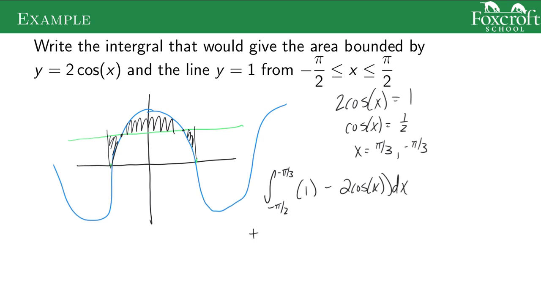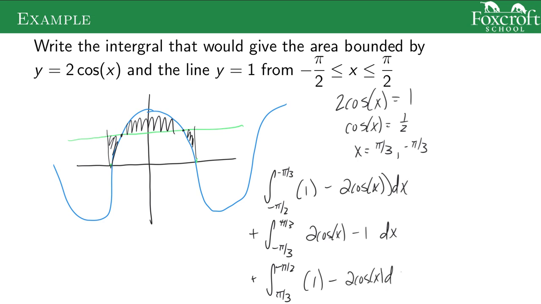Then we add to that, from negative pi over 3 to the next switch point, pi over 3, where the top function is 2 cosine of x and the bottom function is 1. And our final one, from pi over 3 to the ending point at pi over 2, has the top function 1 again and the bottom function 2 cosine x again. We just want to write the integral that's going to be the solution to the area we're trying to find.